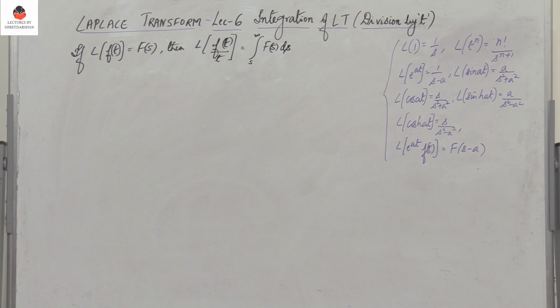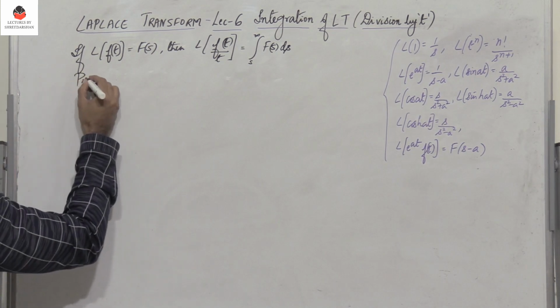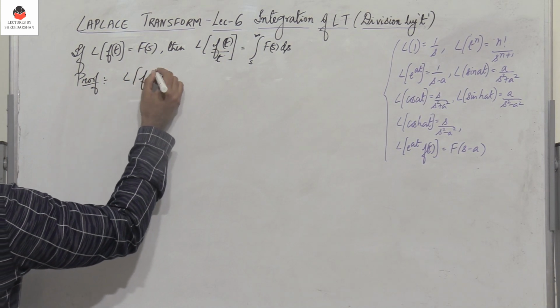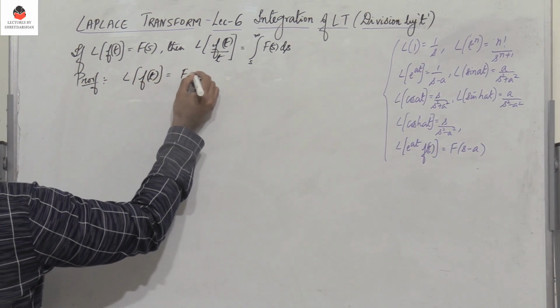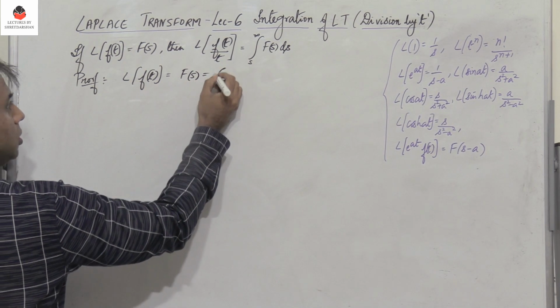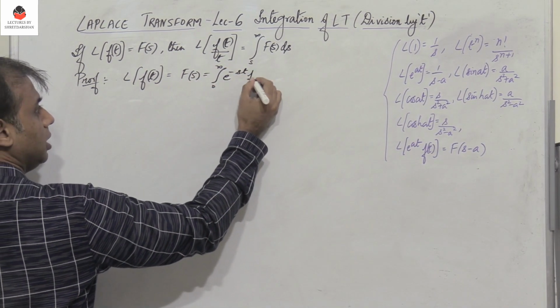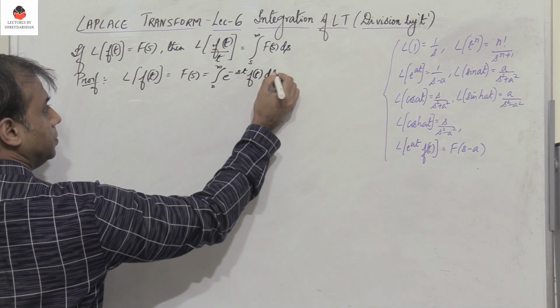So let us prove this. So proof. So we know that Laplace transform of f of t is nothing but f of s, which is equal to 0 to infinity e power minus st f of t dt.